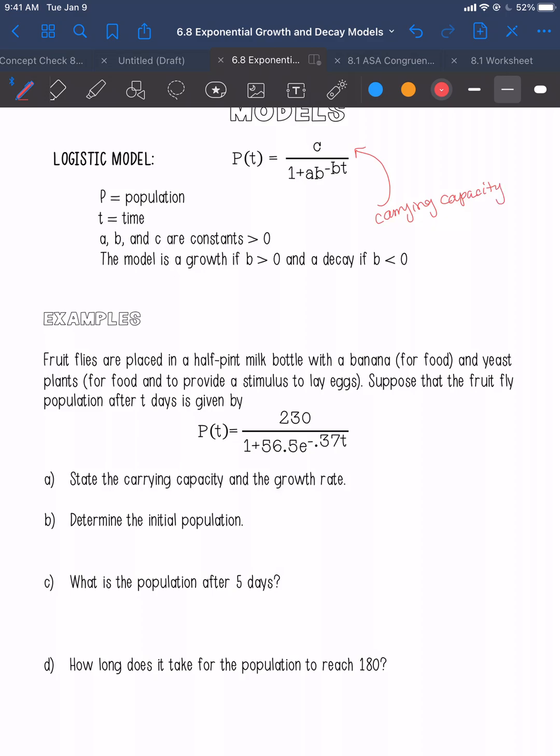So our carrying capacity is going to be 230 fruit flies. Our growth rate is the 0.37. Remember, if B was greater than 0, which it is, then it's a growth. So 0.37 would be 37%. And we are talking about per day here.